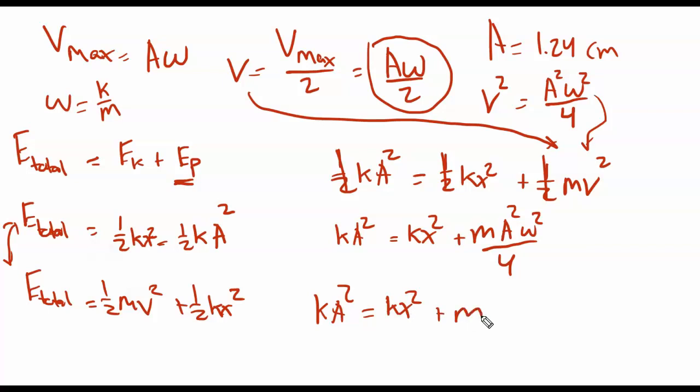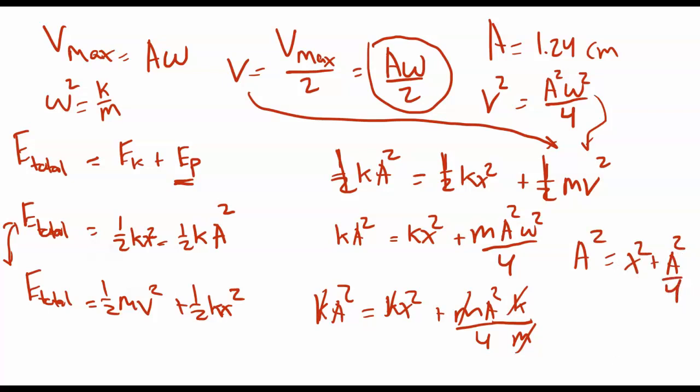I have m times a squared divided by 4, and then I can replace the omega squared with k divided by m. The m's cancel, and now that I have a k on top, the k also cancels. And so I end up with the equation a squared equals x squared plus a squared divided by 4.